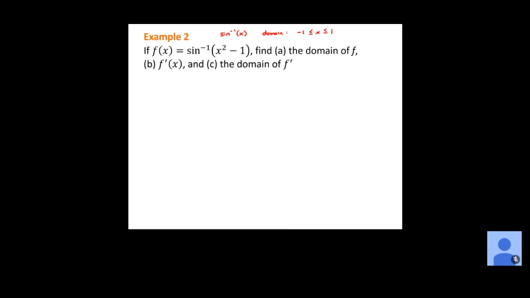Okay, so to find the derivative, we are going to have to do a u sub, right? But in this case, if we're just looking for the domain, I know the domain of the original inverse sine function is between negative 1 and 1. But now I've got this thing instead of x.